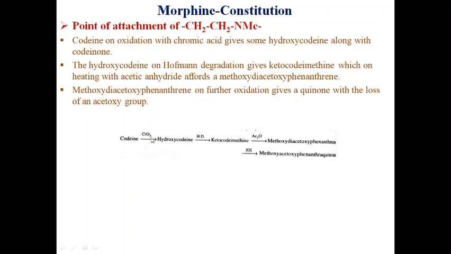Codeine on chromic acid oxidation forms hydroxycodeine. That means one hydroxy group is introduced here, which on Hofmann's degradation converts into ketocodimethine, which on heating with acetic anhydride forms methoxydiacetoxyphenanthrene.